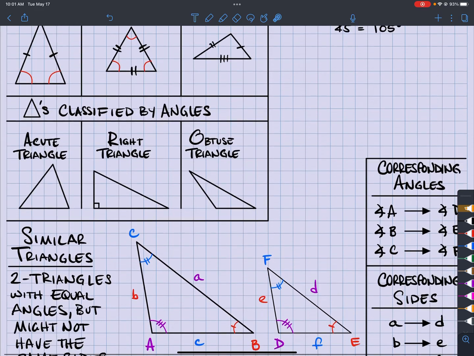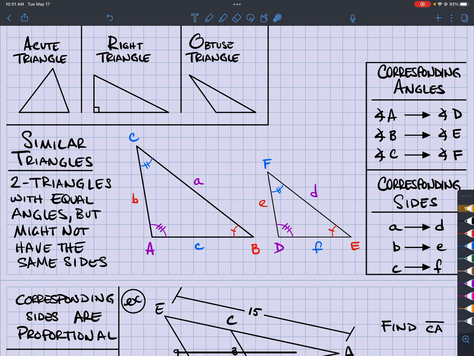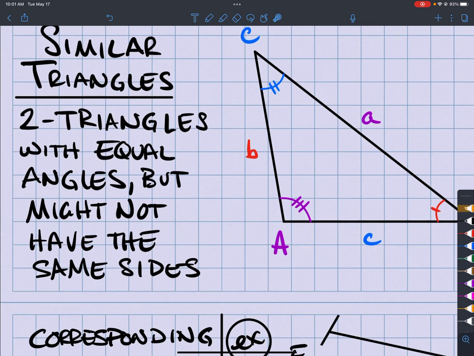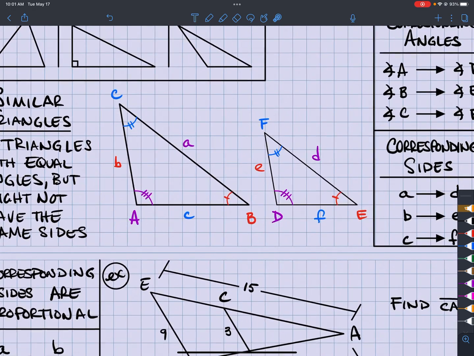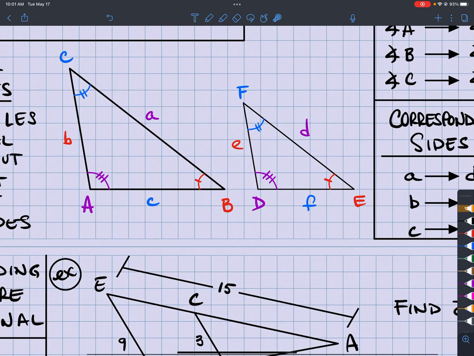Now, similar triangles. Similar triangles are two triangles with equal angles, but they might not have the same sides. If you look at these two triangles here, they have the same exact angles.